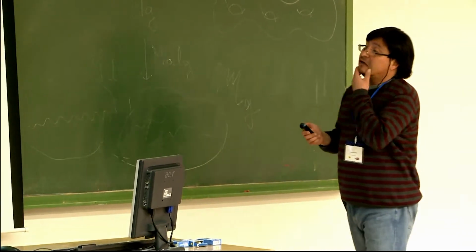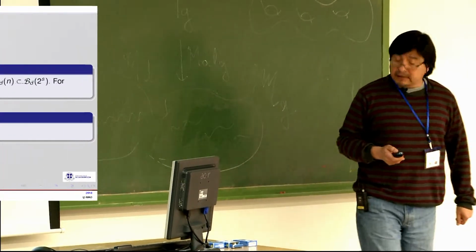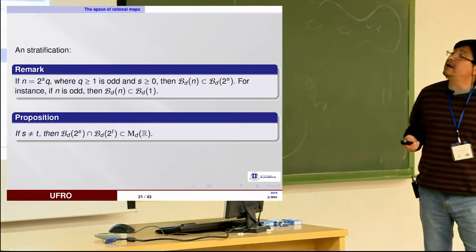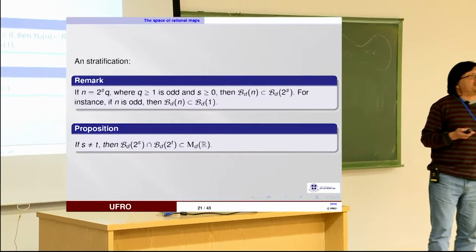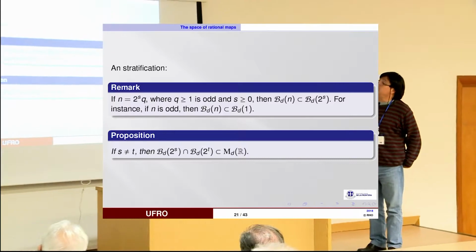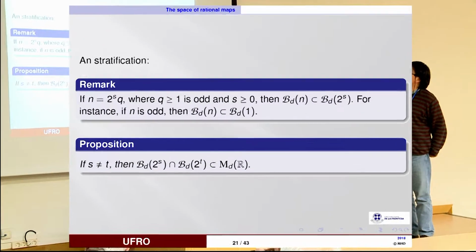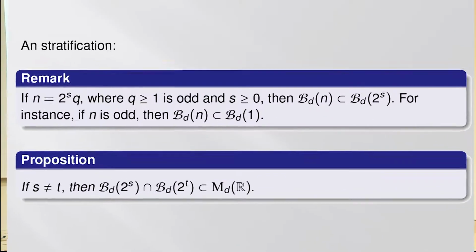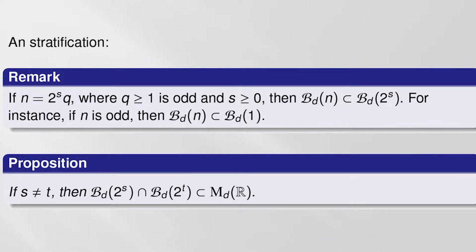So, of course, there is a stratification. If you have an anti-holomorphic automorphism of order 2n, then you write n in this way, and those having automorphism of order 2n, we have this automorphism of order 2 to the s plus 1. So we only have to worry about this big stratum.